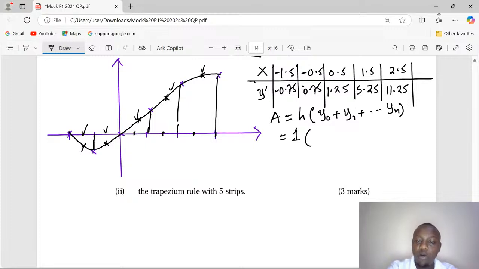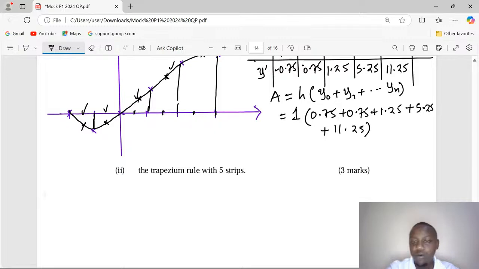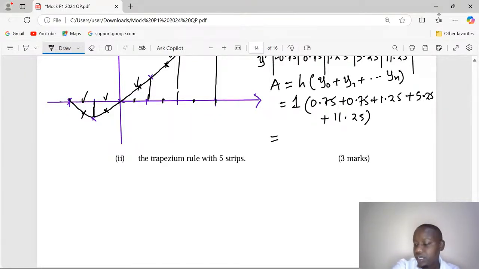So we are going to add all of them. 0.75 plus 0.75, we are adding them exactly the way they are with the absolute values, 1.25, 5.25, 11.25, and when we add all these, we'll be getting 19.25.